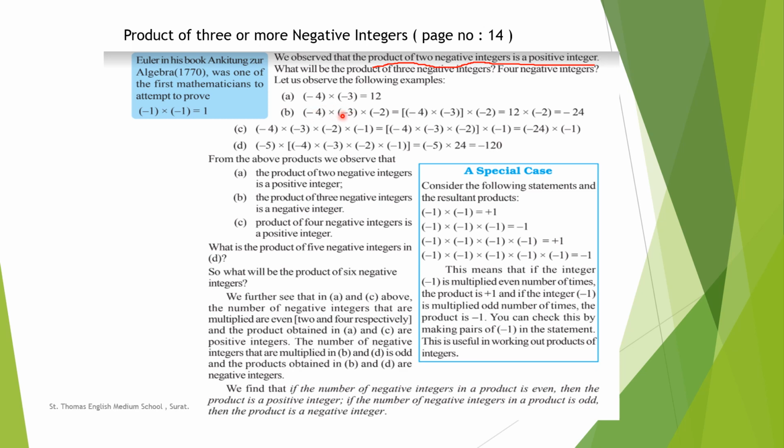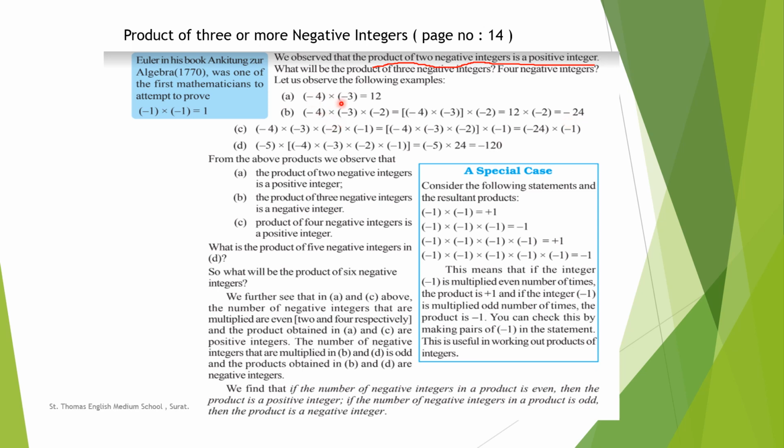Again two negative integers, always a positive. 4 3s are 12. Okay. Now multiply by what is remaining here, minus 2. So 12 multiplied by minus 2. 12 twos are 24, and one positive number, one negative number, you always get a negative number. So what is the answer? Minus 24.